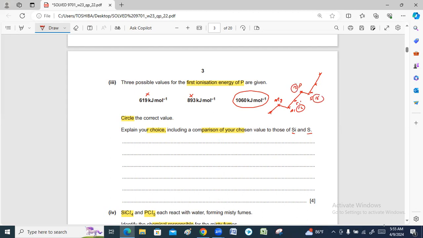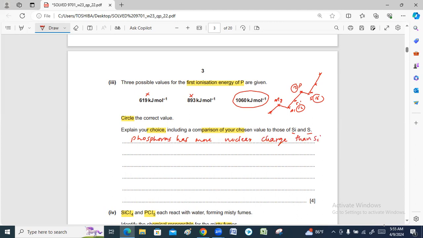These are the proton numbers, and you can also see the nuclear charge. So phosphorus has more nuclear charge compared to silicon.